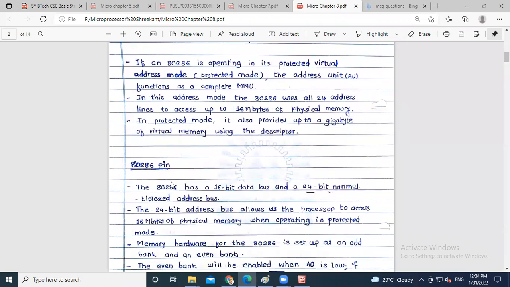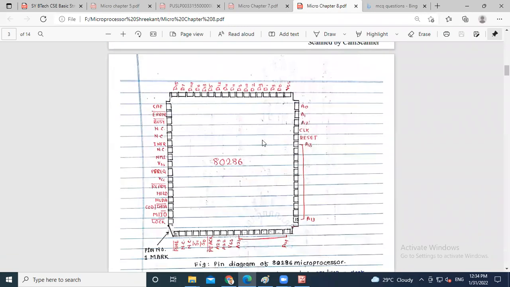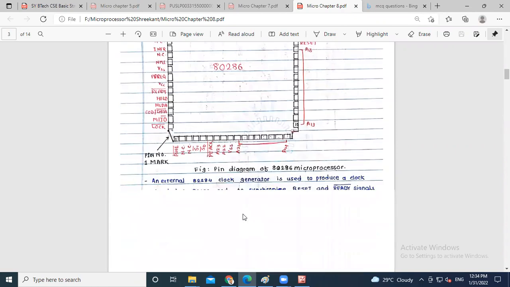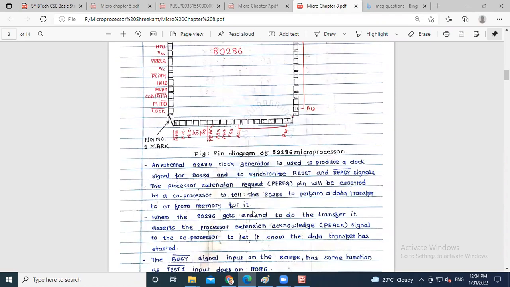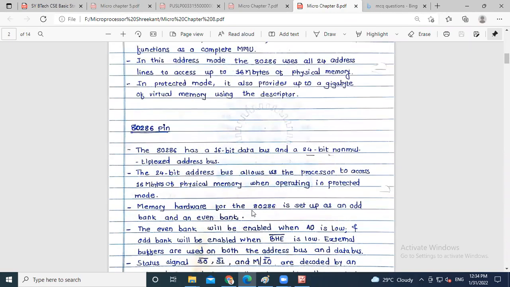So now the 80286 pin configuration. Here we use a 24-bit address bus in the 80286. This is the pin diagram of the 80286, which again has 40 pins.